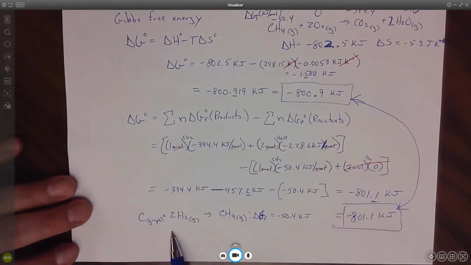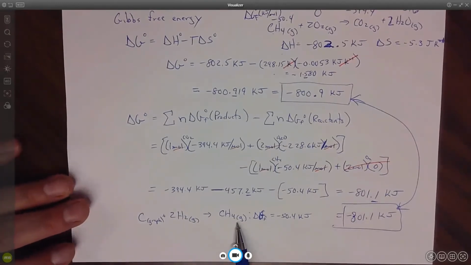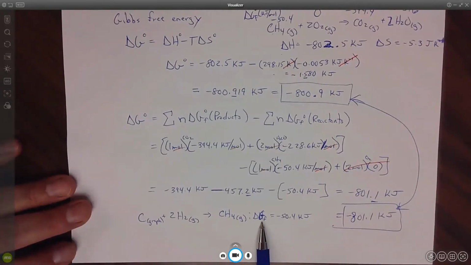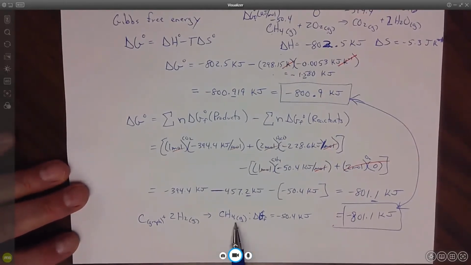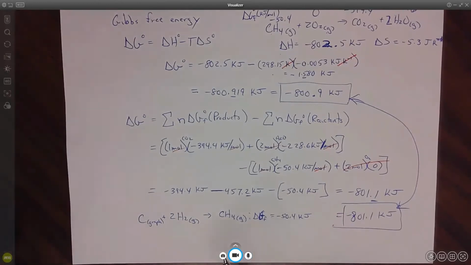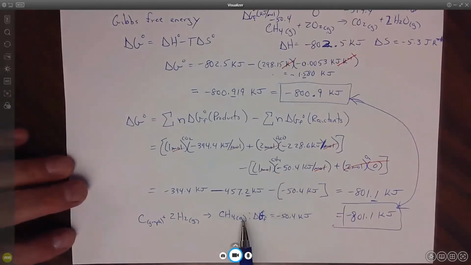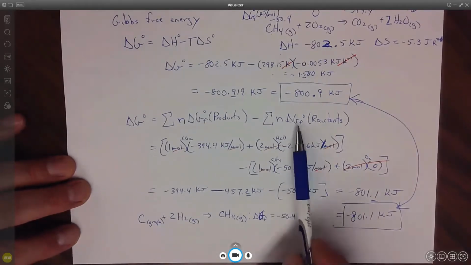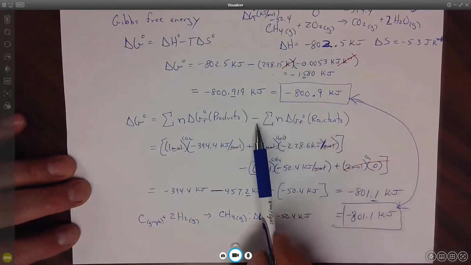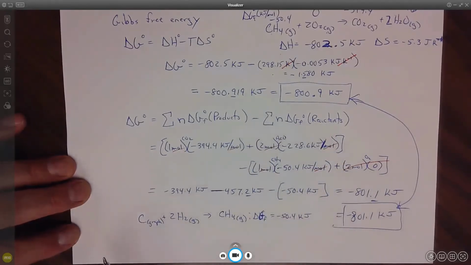So again, there's the free energy of formation for the gaseous methane. So again, using Hess's law, where we just add all of these different reactions together, if I flip the reaction in thermodynamics, right, all I did was flip the sign. And that's exactly what this equation does, it flips the reaction and flips the sign.